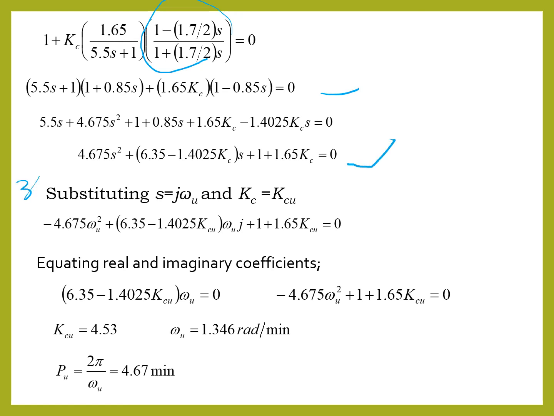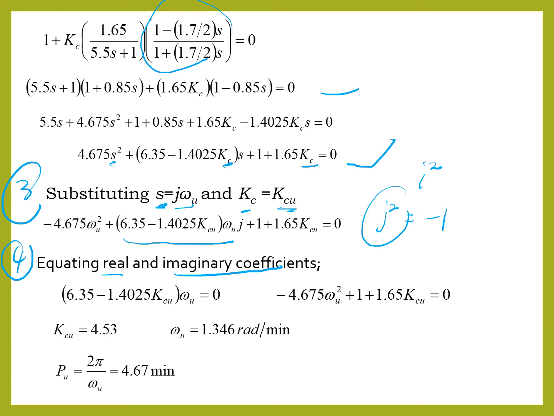Now the third step is to substitute s with j omega u, and Kc with Kcu. Bear in mind that j squared is equal to negative 1. J squared is like i squared, the imaginary part. The next step is to separate the real and imaginary coefficients. The one with j is the imaginary part, and the real part is without j.